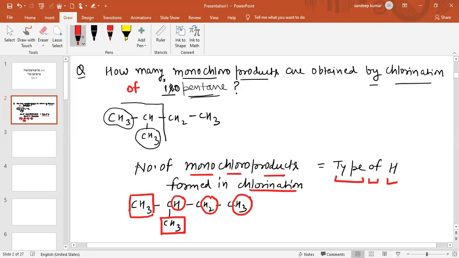Now, this is basically 1 degree carbon, this is also 1 degree, this is 2 degree, this is 3 degree carbon, this is 2 degree, and this is 1 degree. So these three are 1 degree, this carbon is 2 degree, and this carbon is 3 degree.